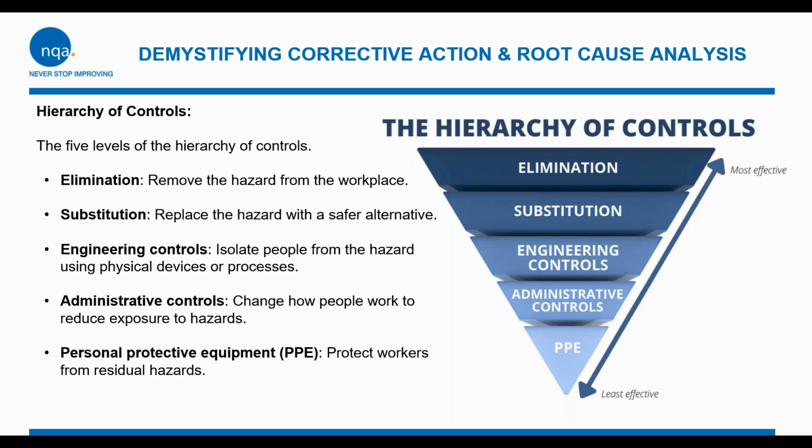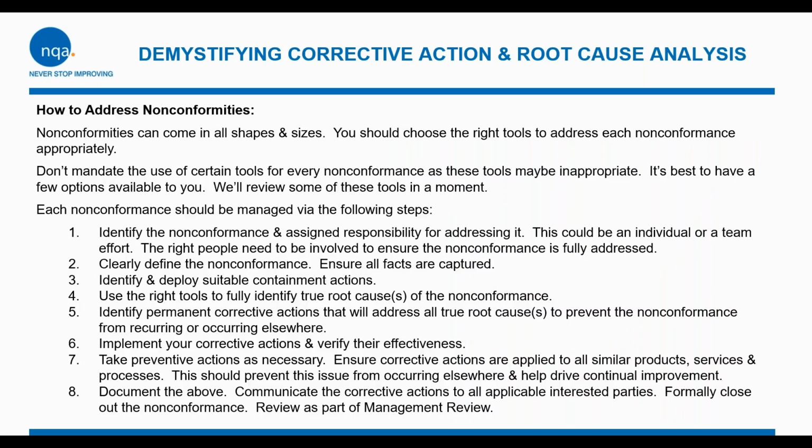So an example would be, instead of doing complicated assemblies at height, we might do the assembly work, or as much of it as possible, at ground level, and then just do the installation at height, instead of doing all of the fiddly assembly work at height, increasing the risk of a fall. And then in fifth place, the least effective is personal protective equipment, PPE, where we protect workers from residual hazards. So the hierarchy of control.